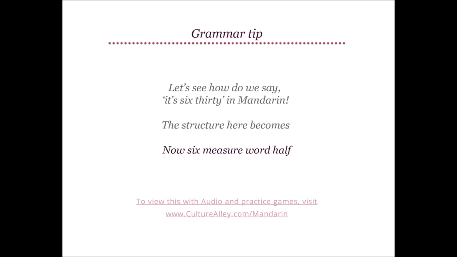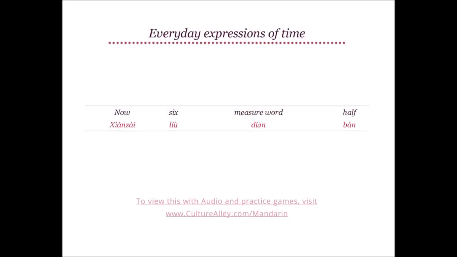Great! Now let's see how we say it's 6:30 in Mandarin. The structure here becomes now 6, measure word half. Let's look at the breakup. Now, as always, is 现在. 6 translates to 6.